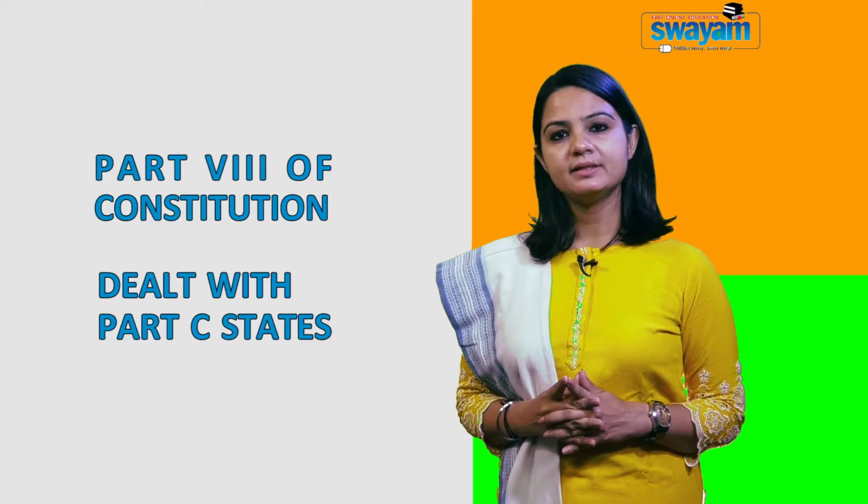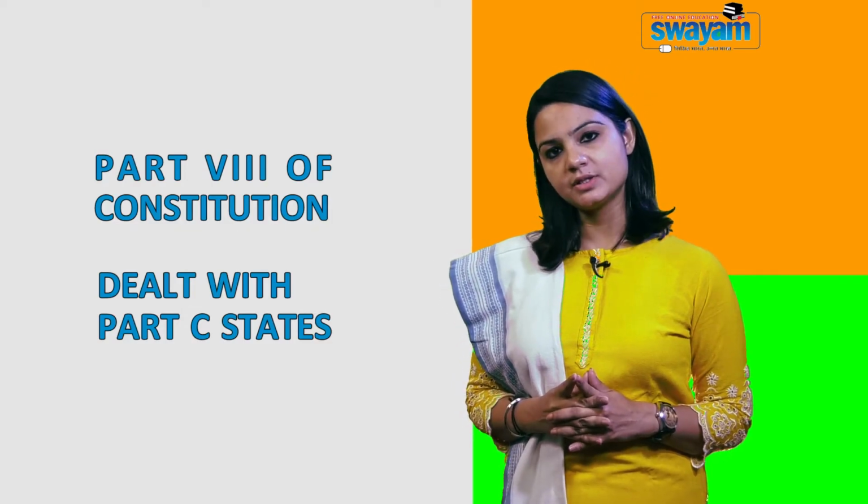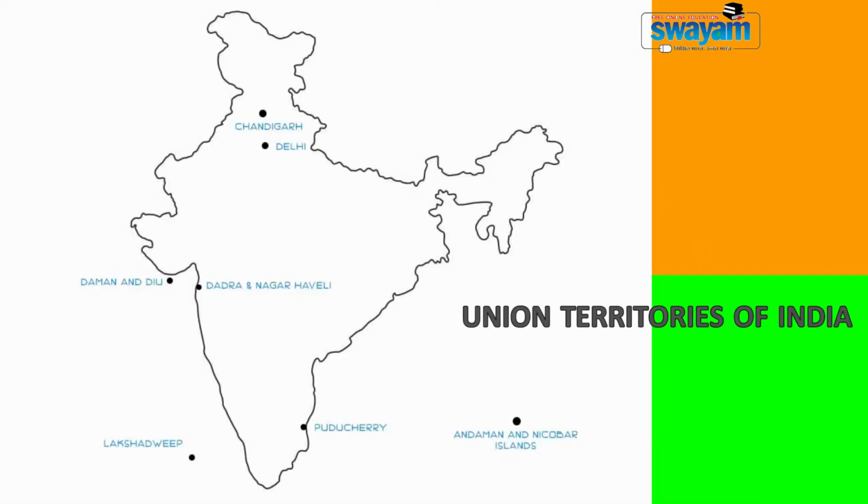At present, there are 7 union territories, which are number 1, Lakshadweep, number 2, Andaman and Nicobar Islands, number 3, National Capital Territory of Delhi, number 4, Chandigarh, number 5, Daman and Diu, number 6, Dadra and Nagar Haveli, and number 7, Puducherry.